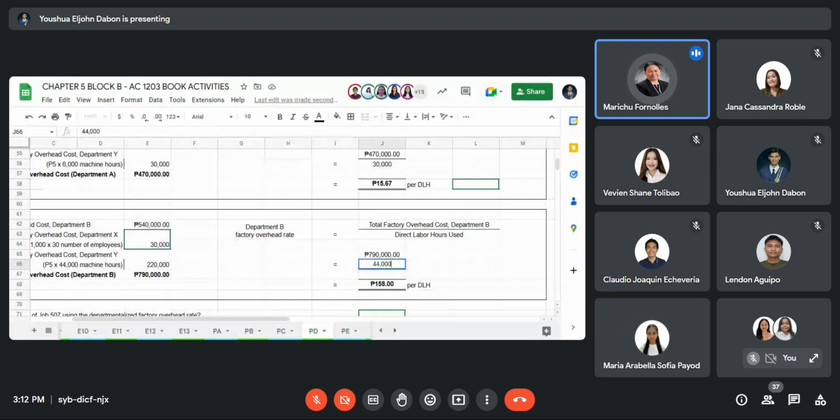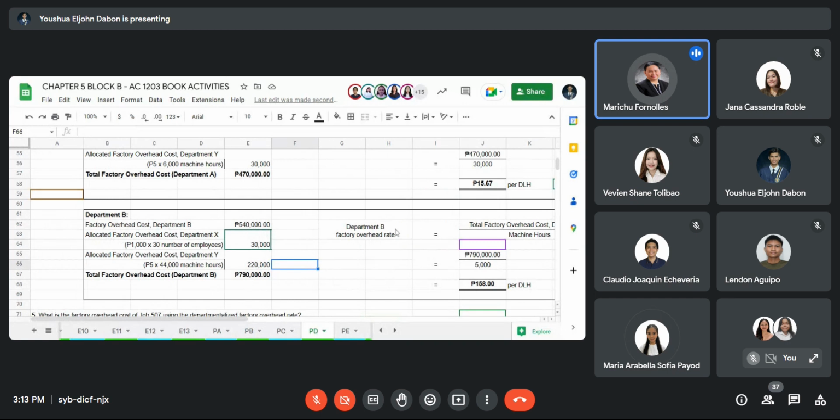So the question now is, how much is the total overhead of production department B after receiving its share from the service departments? Before the allocation, B has an overhead of 540,000.